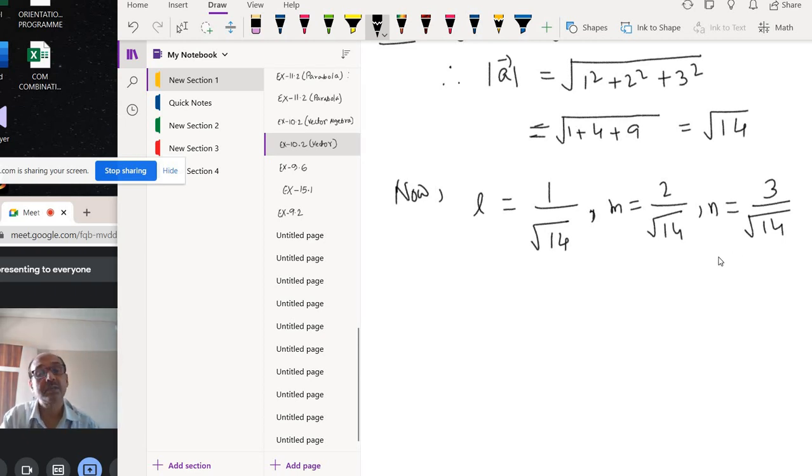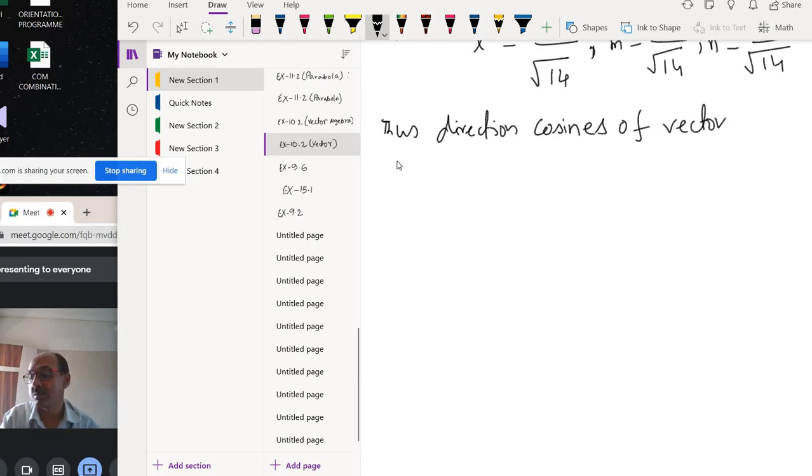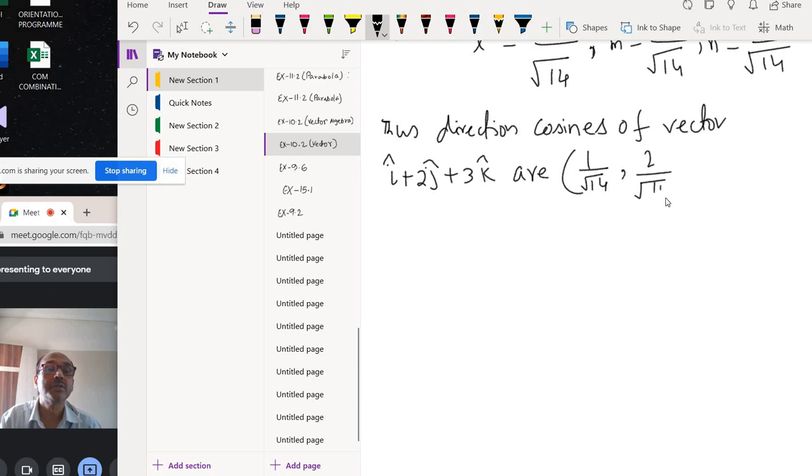Okay. Thus direction cosines of vector i plus 2j plus 3k are 1 by root 14, 2 by root 14, 3 by root 14.